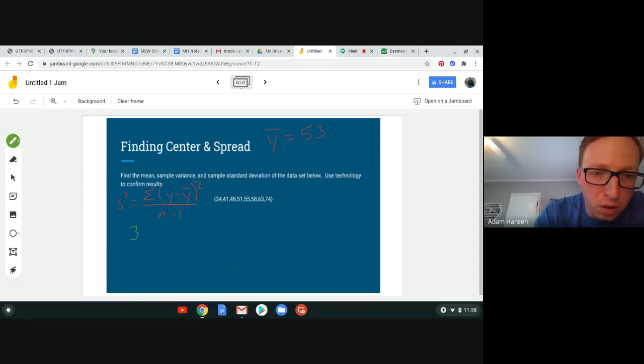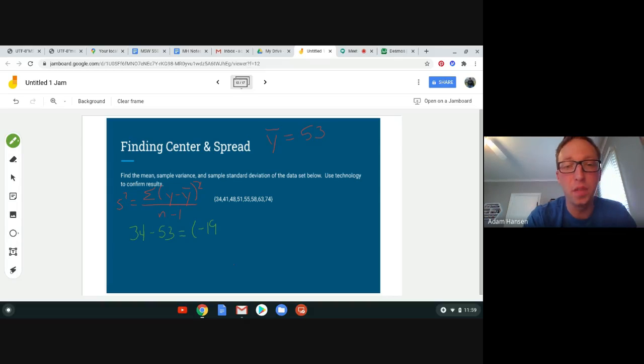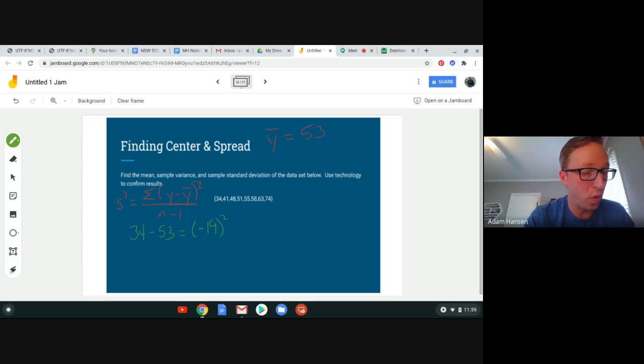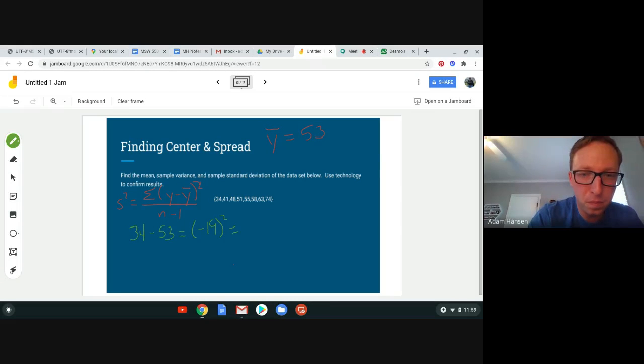So 34 minus 53 would be negative 19. I want to have all these differences positive so that when I add them together, it's a running total of the differences. So I'm going to square it. That's 361. We're going to do this for all the remaining data points.